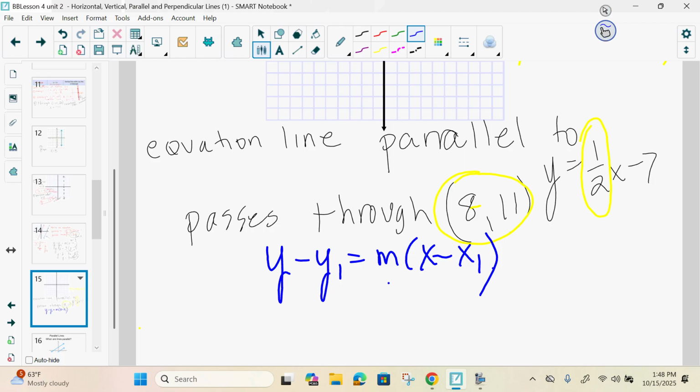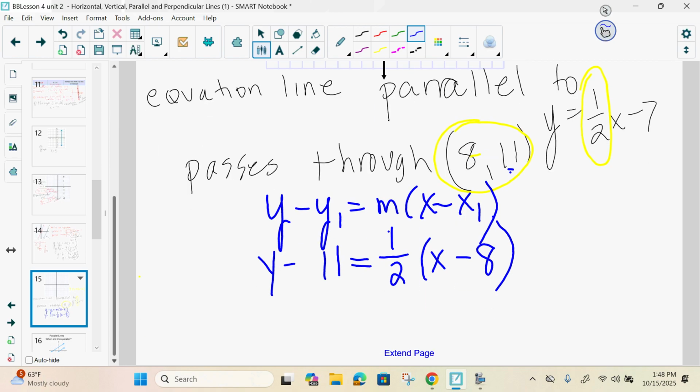Kaylin, what are we plugging into the m? 1/2, right. Jake, what are we plugging into y1? 11. Adriana, how about x1? 8. All right, so it's everything in the yellow circle. This one's not bad because I gave you a fraction, but when you distribute, it's still nice.